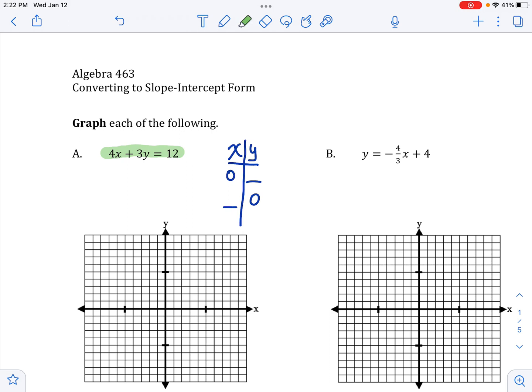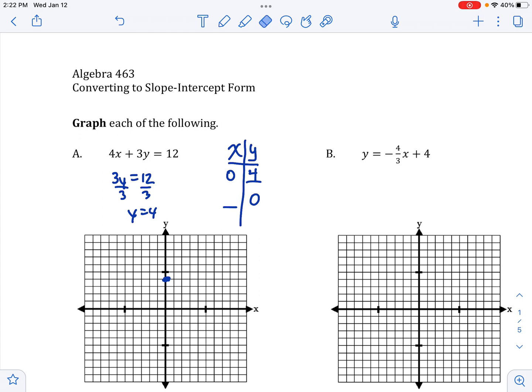If I start by plugging in a 0 for x, that means that this now becomes just 0, leaving me the equation 3y equals 12. And when I go to divide by 3, I get y is equal to 4. So now I've got the point (0, 4), which is right here on the graph.